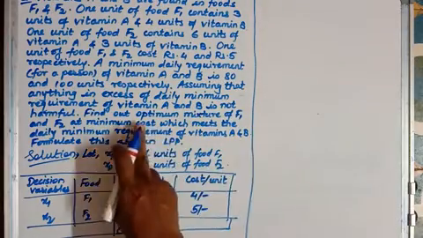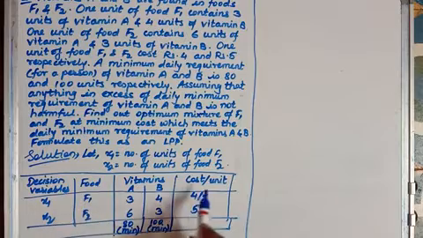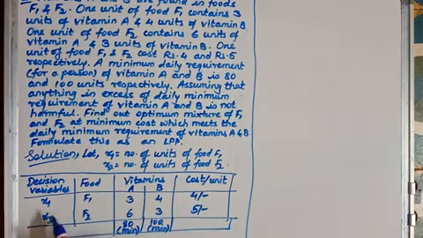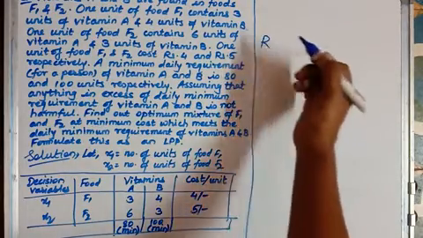My objective function is to minimize the cost. If the cost of food F1 per unit is rupees 4, then for x1 units it will be 4x1, and the cost of food F2 is rupees 5, so for x2 units it is 5x2.